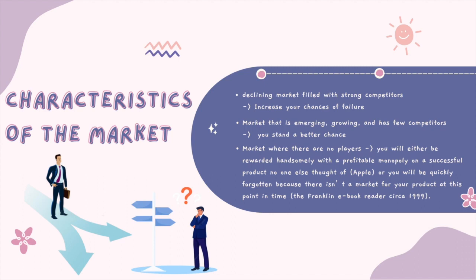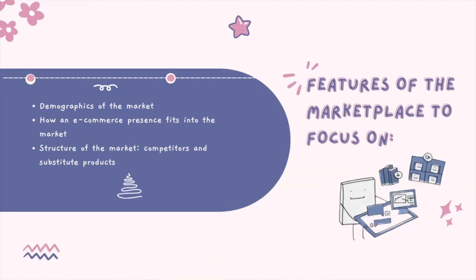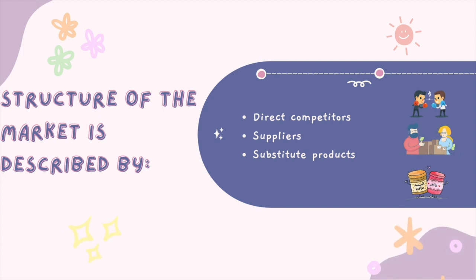One example is the Franklin ebook reader in 1999. We talk about the future of the marketplace to focus on the demographics of the market, how an e-commerce presence fits into the market, and the structure of the market, with its main competitors and substitute products. The structure of the market is described by direct competitors, suppliers, and substitute products.